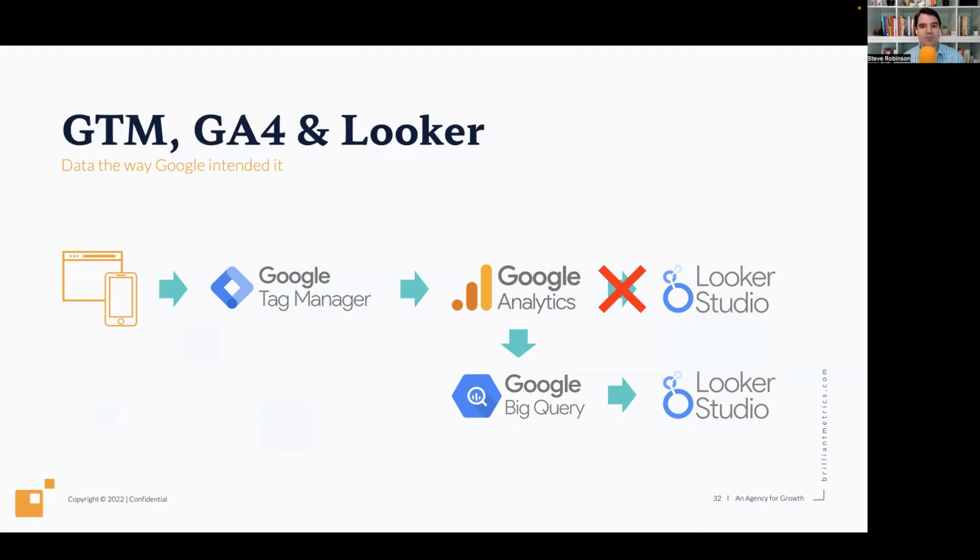Now, it's not super easy to get this set up, but I think it's worthwhile for most brands to at least get it set up to be pushing the data into BigQuery. The cost of storing the data there is minimal, and you're going to get a lot of additional benefit being able to go read it there.